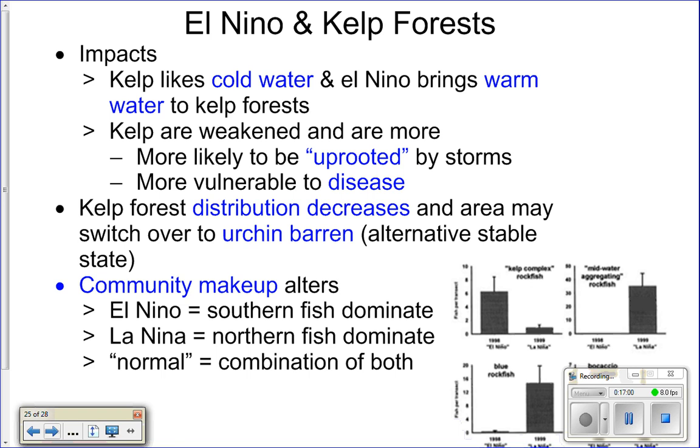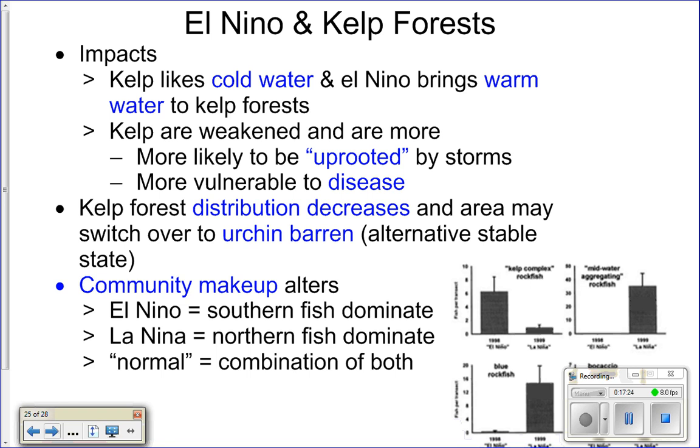So when kelp are in warm water, they get weakened. Just like you, if you don't sleep very much for a long time, like you're doing lots of schoolwork and stuff like that, you get weakened physically when you're stressed. Kelp get weakened physically by being in warm water.